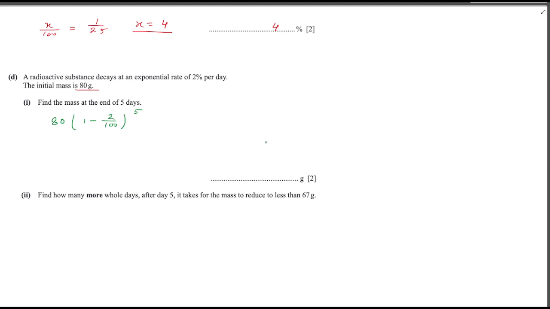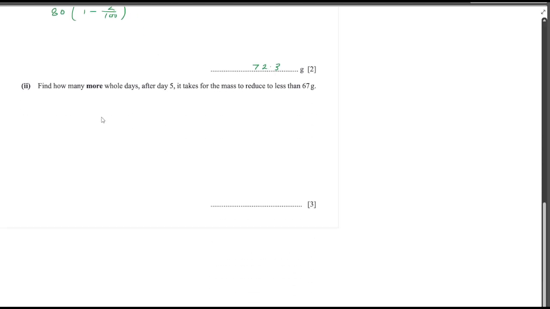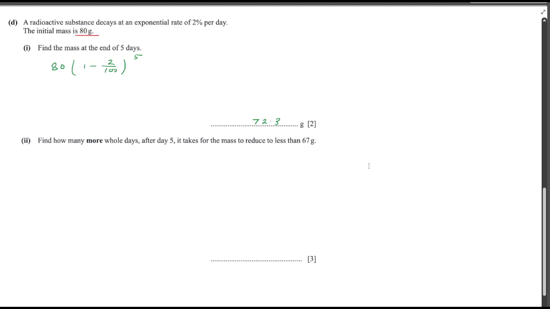So the result is 72.3 gram. If nothing is mentioned there, your answer should be in 3 significant figures. If it is an angle, it should be in 1 decimal place. Now find how many more whole days after day 5 it takes for the mass to reduce to less than 67 gram.